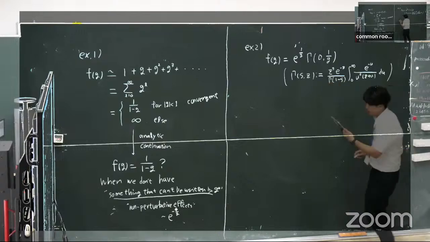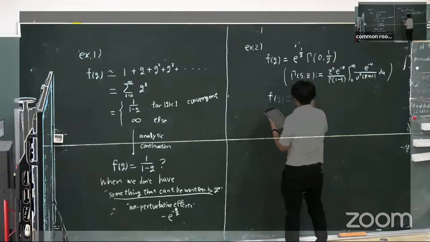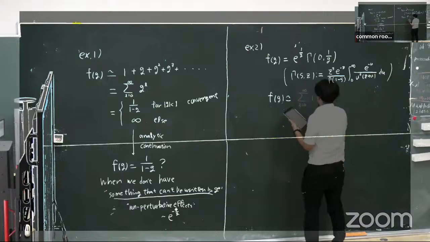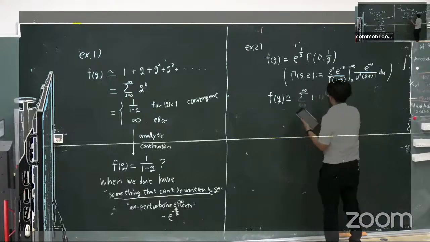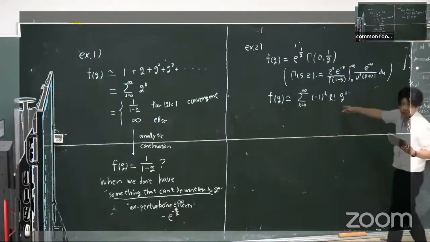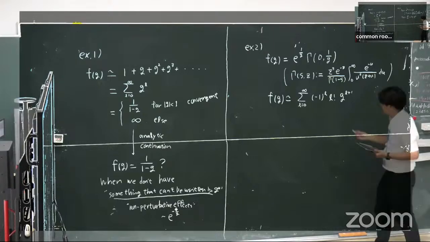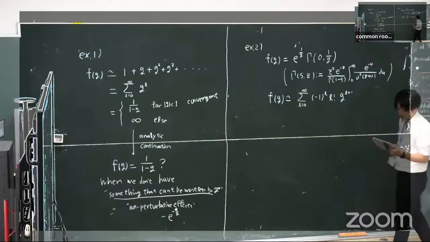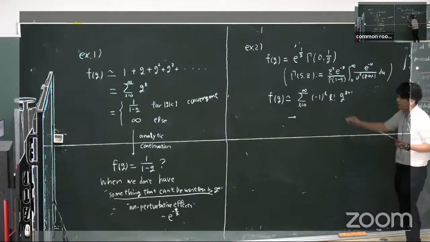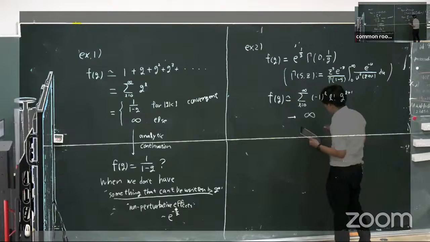We get this kind of series. Can you sum this series? It turns out it is known that the sum of this series is infinite unless g is 0.